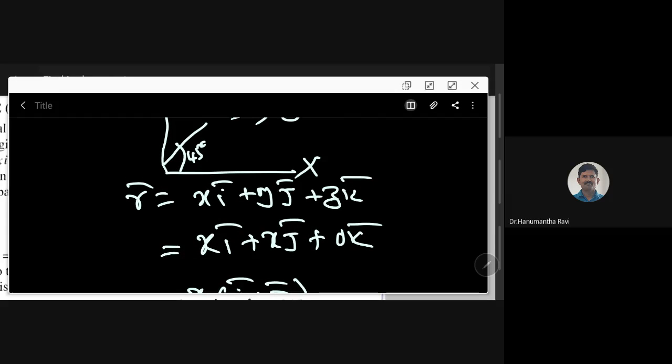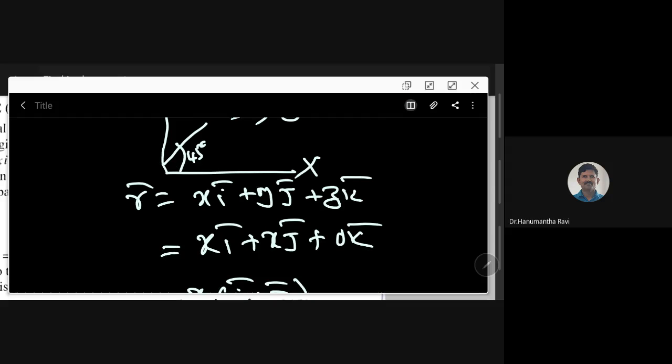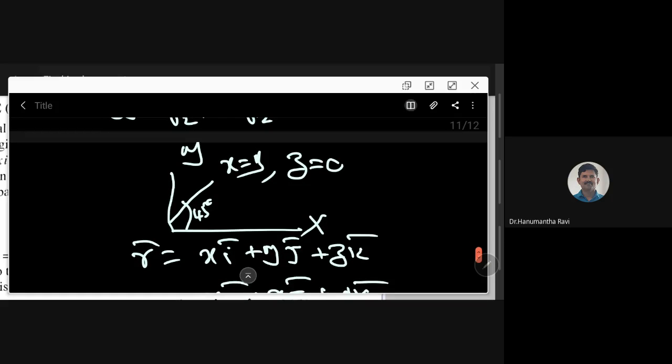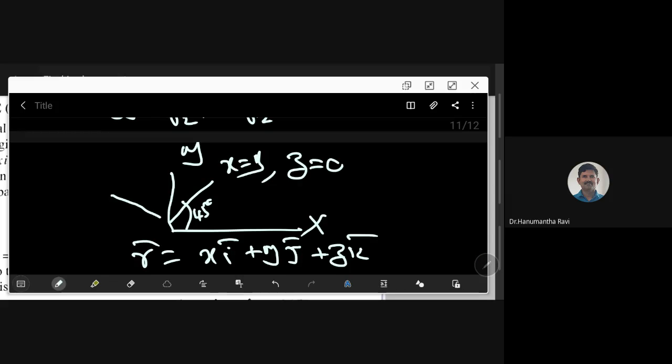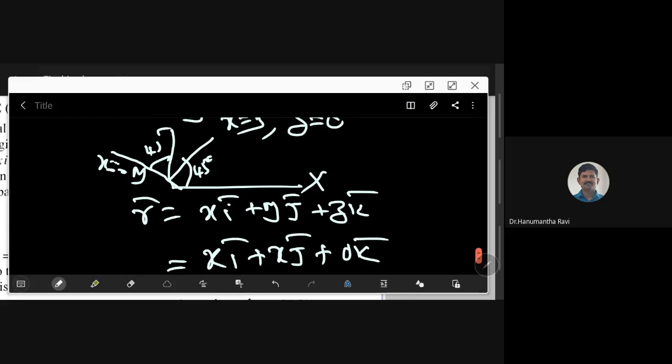With that angle with the y-axis pi by 4, you need to take this one, 45 degrees. So this line is x is equal to minus y. If I take x is equal to minus y here, wherever y is there, minus x you can put.